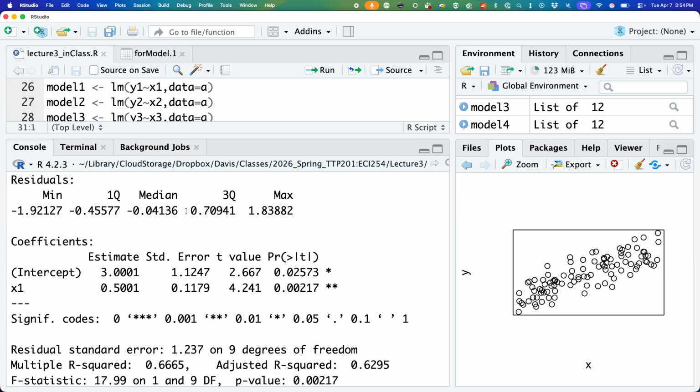Sure, but it's still significant at, what is 2 stars, the 1% level, right? Not as certain, but still pretty certain. The intercept maybe not quite as certain, but still better than last time. Probably not equal to 0.